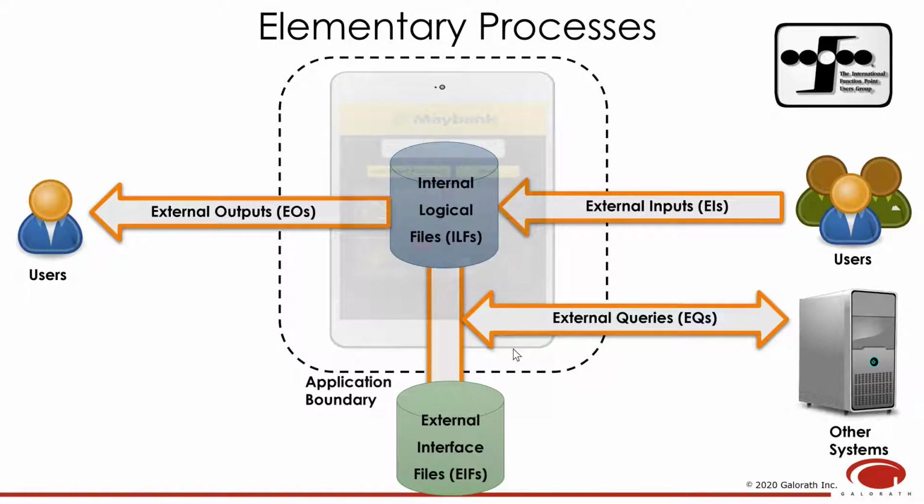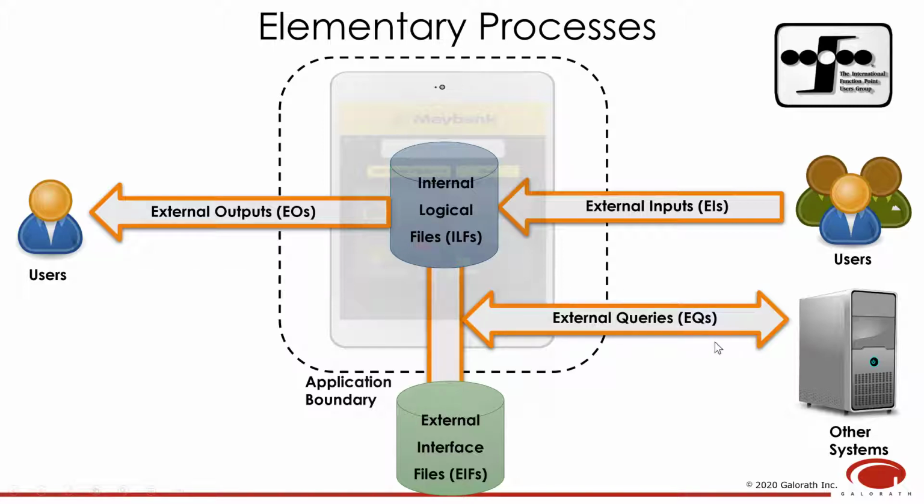Okay, let's start with a quick refresher. These are the 5 types of elementary processes that we can have in function points. External inputs are transactions that bring data into the application. External outputs present information to the users or external systems, and they involve calculations or creation of derived data.